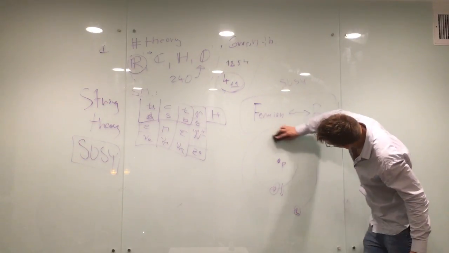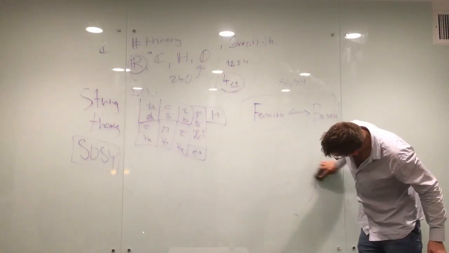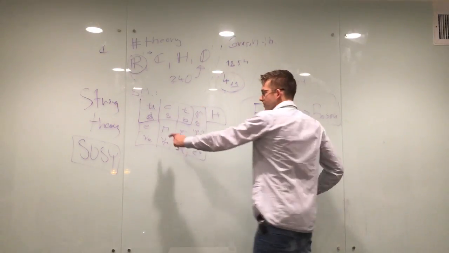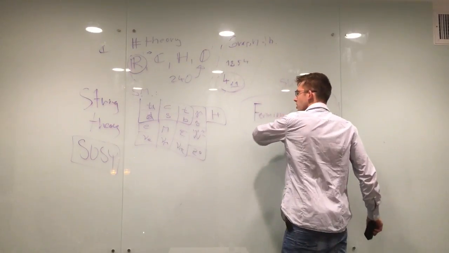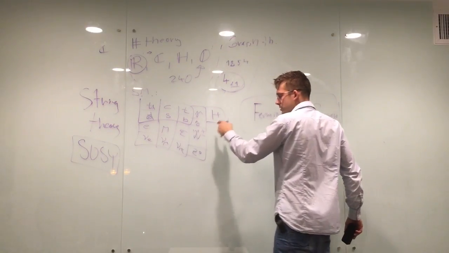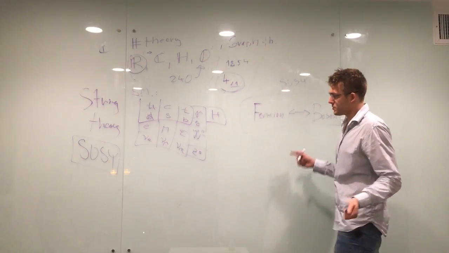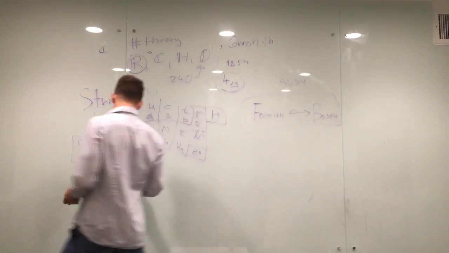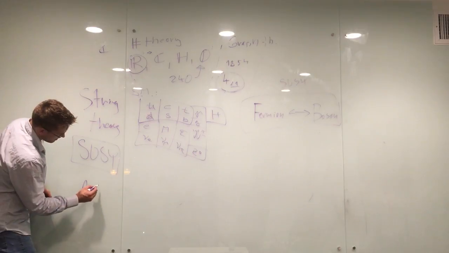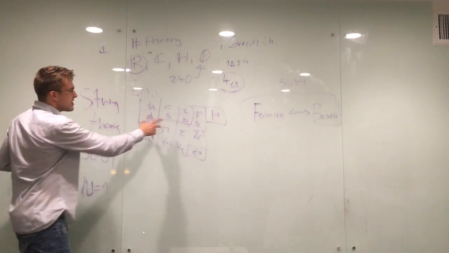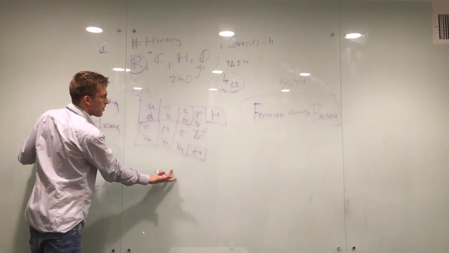Now supersymmetry takes all the particles we have, and for every fermion creates a boson, and for every boson creates a fermion. And that's where we have N equals 1 supersymmetry, which is also called minimal supersymmetry, which just gives us twice the number of these particles.